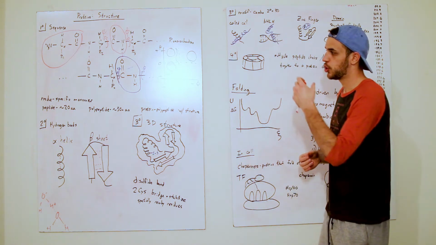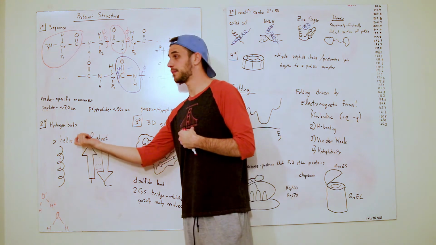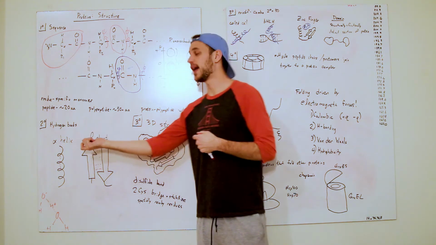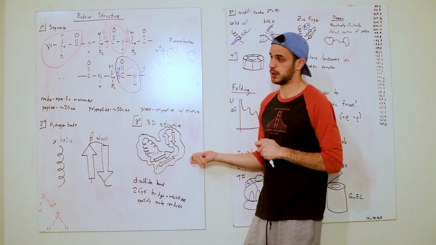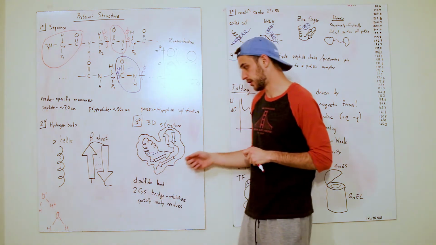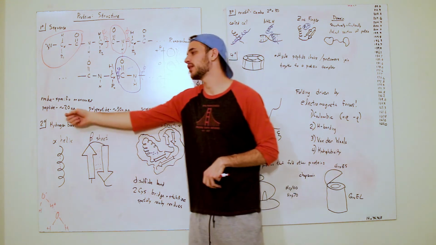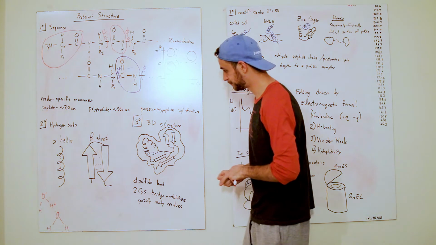And so when we go from sequence to this hydrogen bonding, we can go to the 3D structure, because this interaction with the local environment causes a 3D structure to form, because we're talking about proteins here and not wiggly boys called peptides.